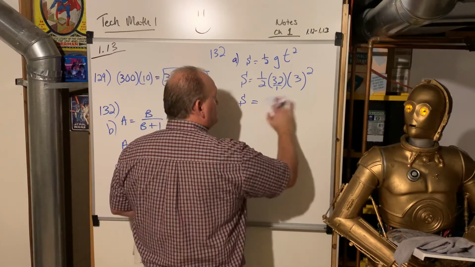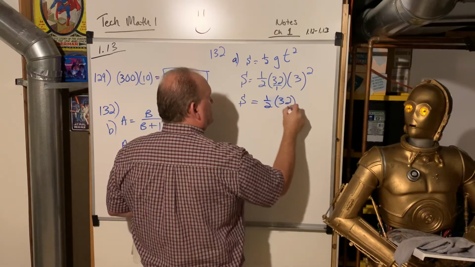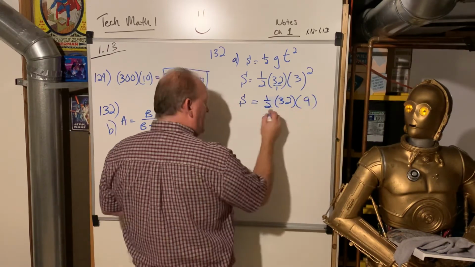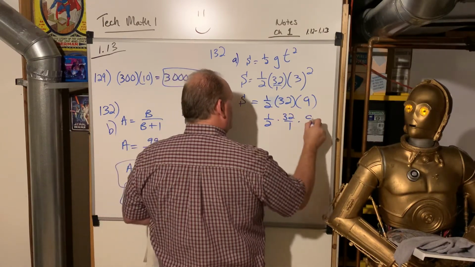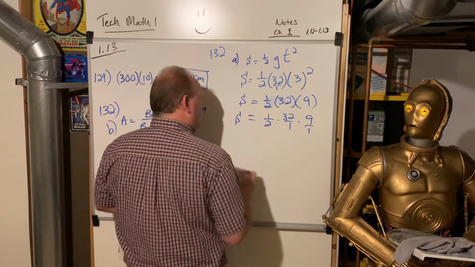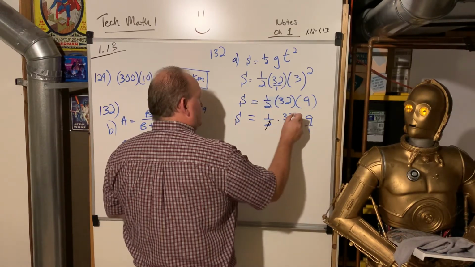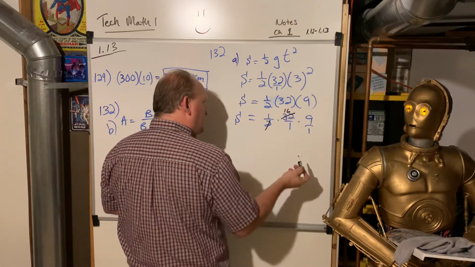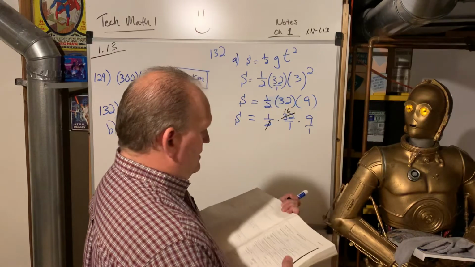I shouldn't do that first, though. I should do exponents first. So 1/2 times 32 times 9. Now let's go 1/2 times 32 over 1 times 9 over 1. And I could cancel it. I could take the 2 into 32 16 times, and then 16 times 9 is 144.